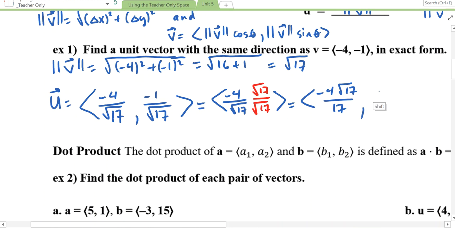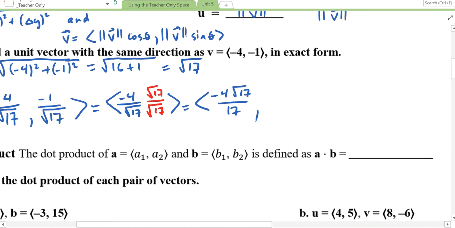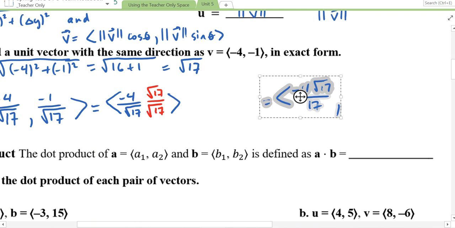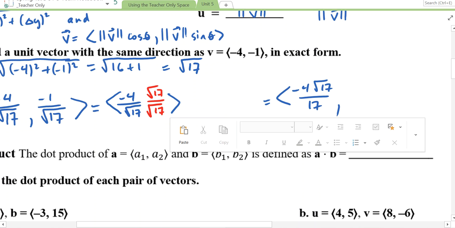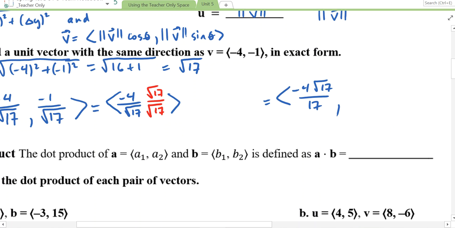And then it's going to be, oops, that was only the y component. Hang on a second, let me just lasso this and I can move it all. Need to move this down because I forgot my y. I left it off. That's okay. So then it's comma. We have negative 1 over square root of 17.